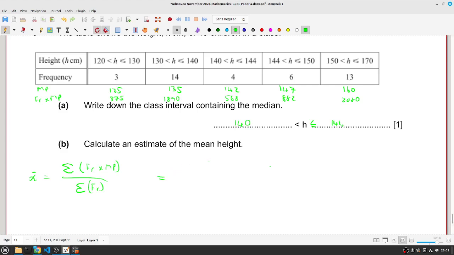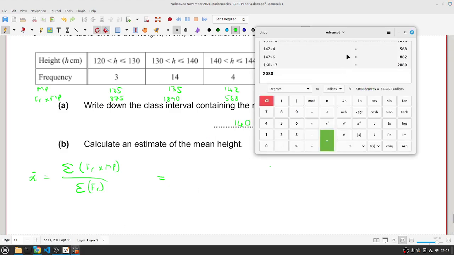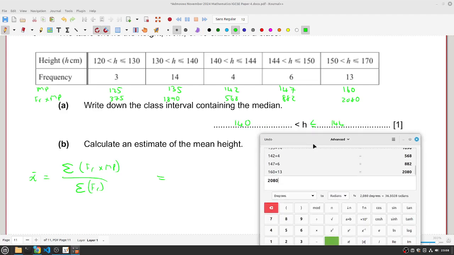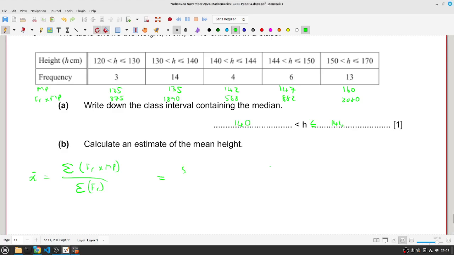If we add the frequency times the midpoints together, that's 2080 plus 882 plus 568 plus 1890 plus 375, which is 5795. We divide by 40, the sum of the frequency.